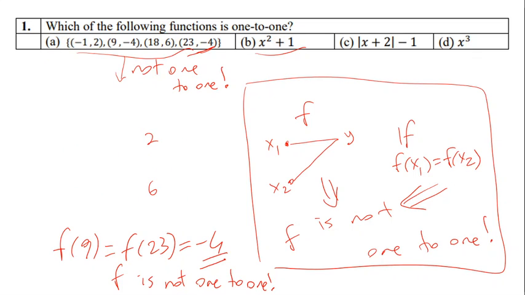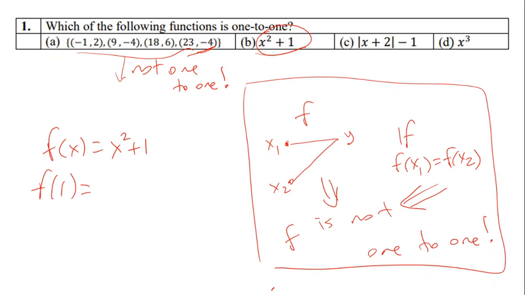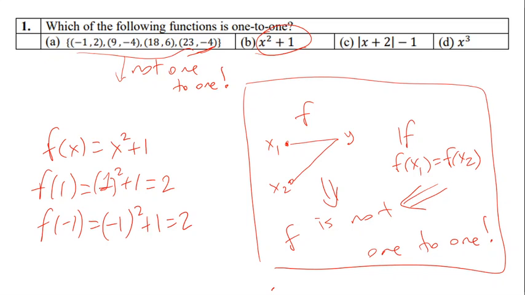Now, when it comes to the other choice, we have this here. Assume f of x equals x squared plus 1. We can show that f of 1 is equal to 1 squared plus 1, which makes 2, and f of -1 is, again, 2.